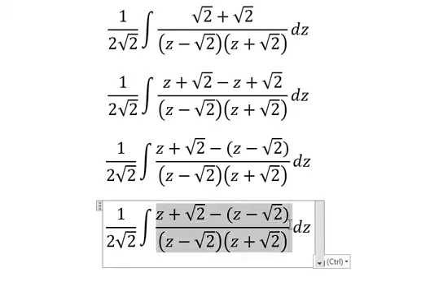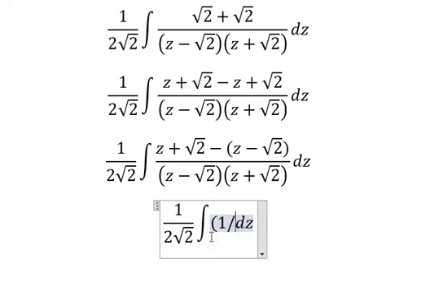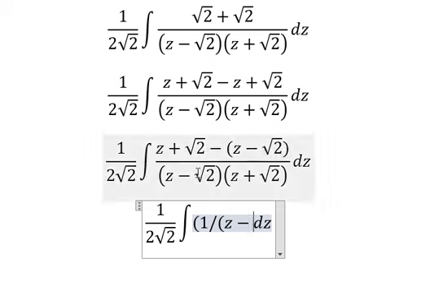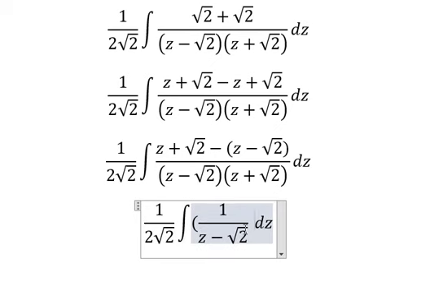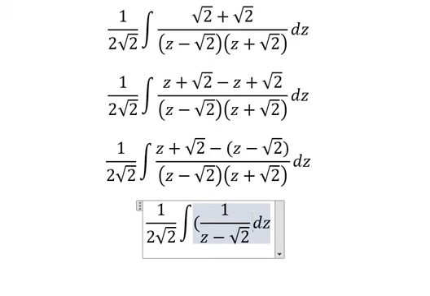So this one divided by this one, and this one divided by this one. So we have 1 over z minus the square root of 2. And similar for the second one in here.